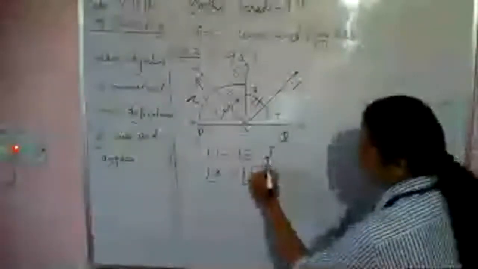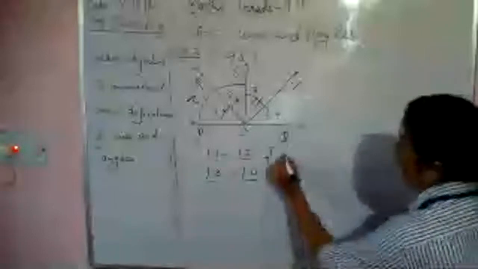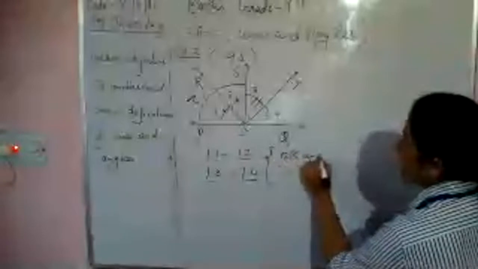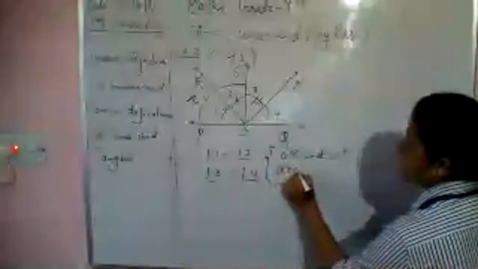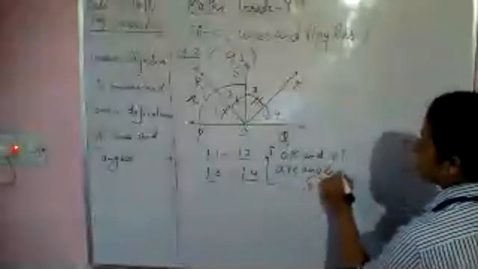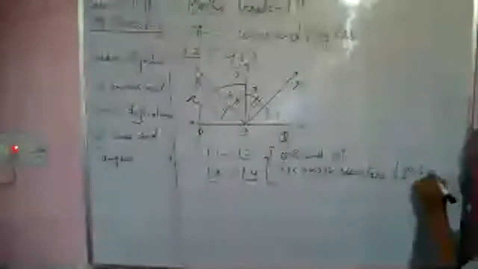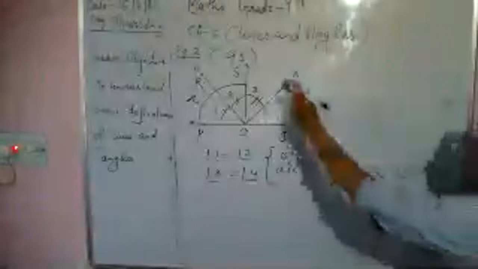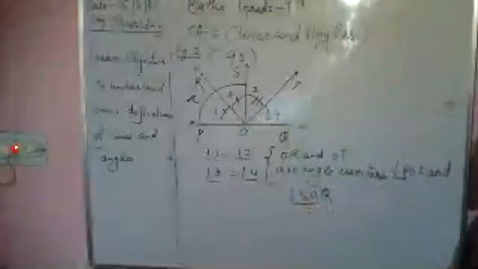Here you will write the reason: OR and OT are angle bisectors of angle POS and angle SOQ.